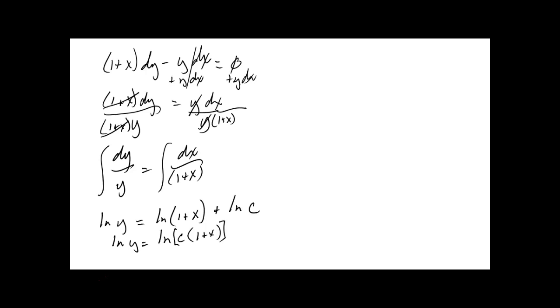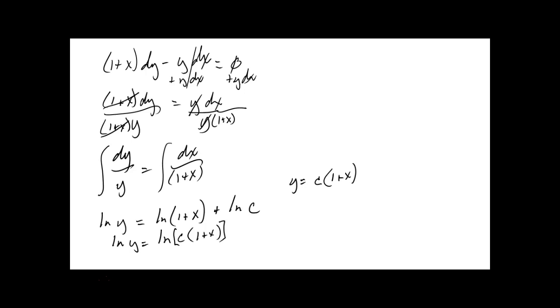Okay, so we're going to exponentiate both sides, and that gives us y is equal to c times (1 plus x). And that's what they finally did in the book.